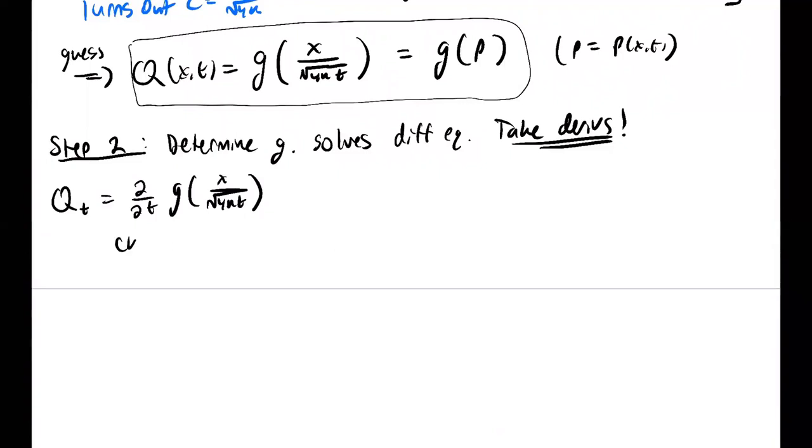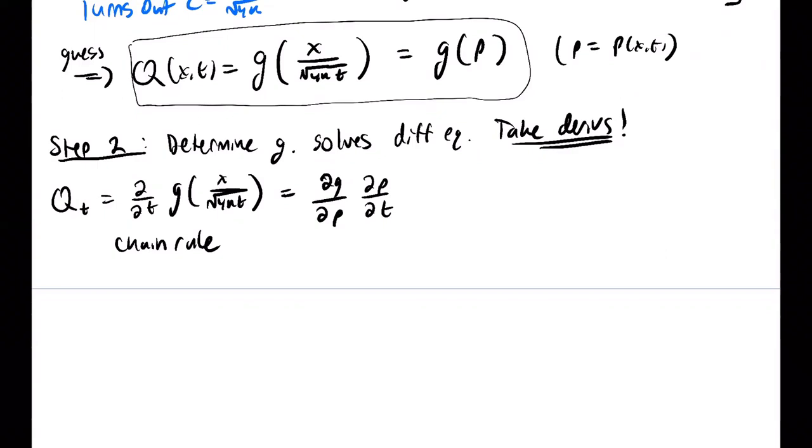And so I need to use the chain rule in order to calculate a derivative like this. Hopefully in the first homework assignment, you got a lot of practice using the chain rule, and now the multivariable chain rule is once again second nature. And so what is this going to equal? Well, this is the derivative of g with respect to p, where I'm viewing p as its own variable, and then times the derivative of p with respect to t, because p is a function of t.